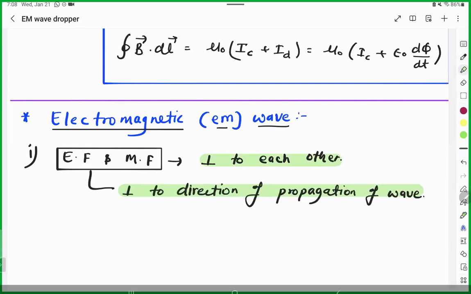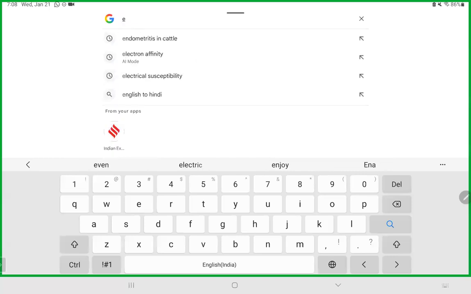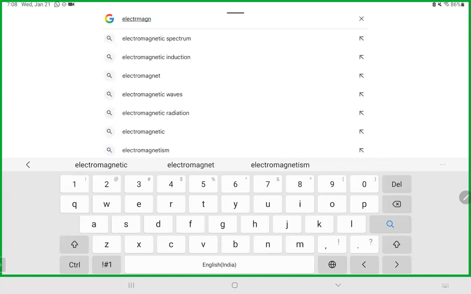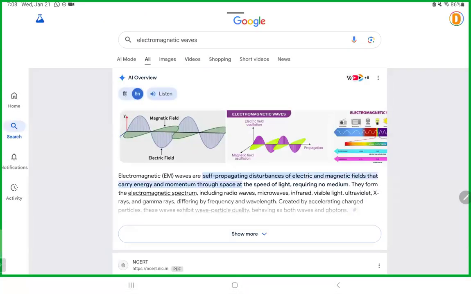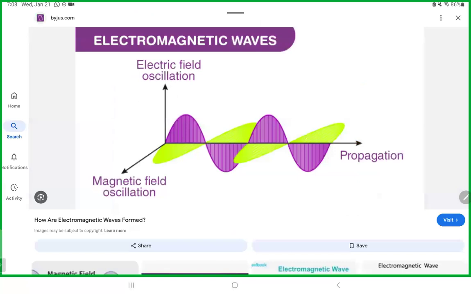Why? Because I can show you this diagram. See, in one axis above, in pink color, you have the electric field. In green color, you have the magnetic field. And perpendicular to this, you have propagation.